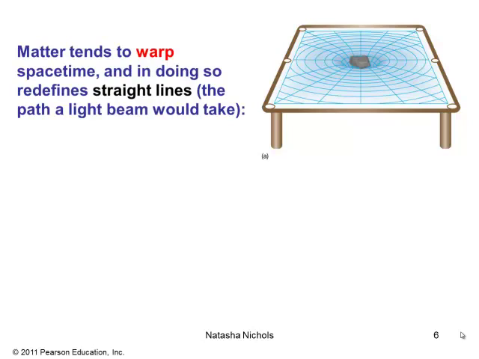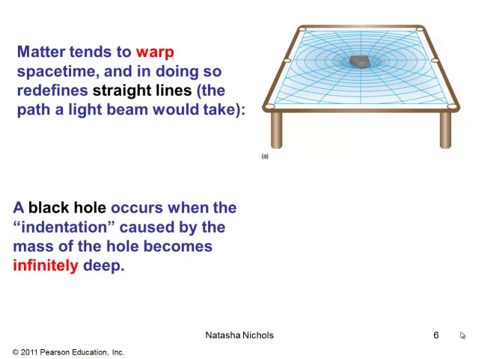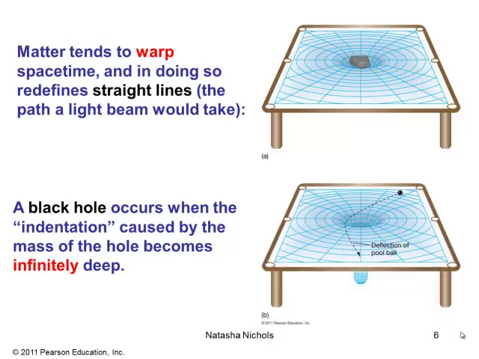Likewise, space is bent or warped in the vicinity of any massive object. What we call a black hole occurs when this indentation, caused by the mass of the hole, becomes infinitely deep. So as the weight increases, so does the warping of space.